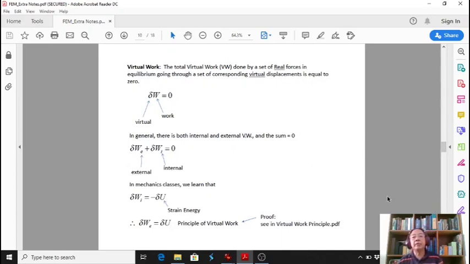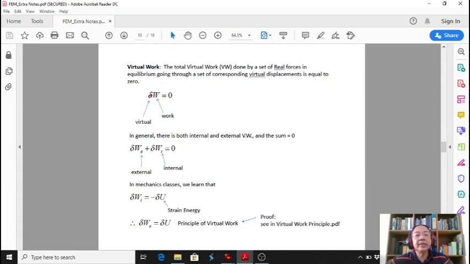Now we learn the concept of virtual work. The total virtual work, which we denote as delta W, done by a set of real forces in equilibrium going through a set of corresponding virtual displacements is equal to 0.